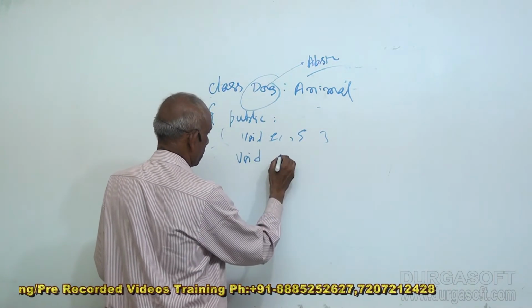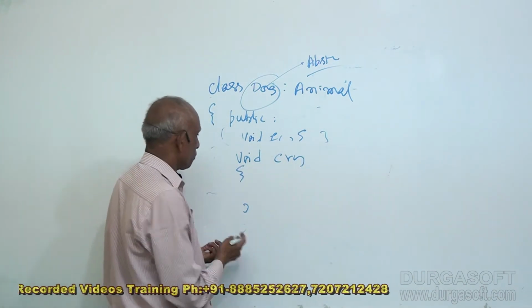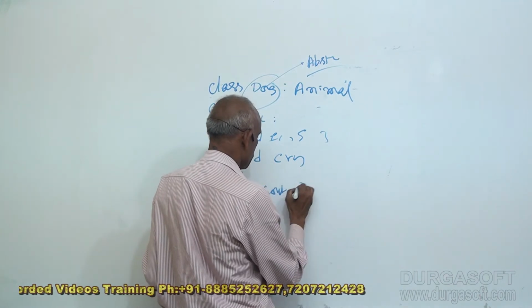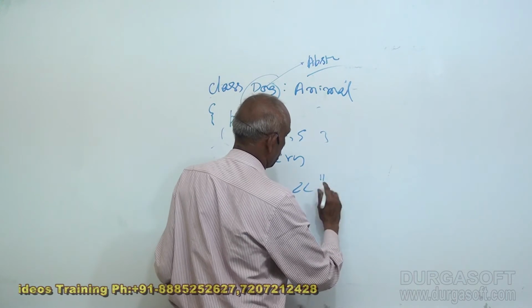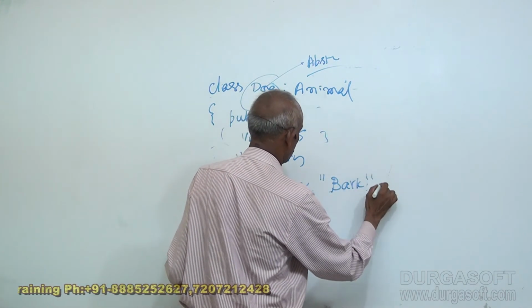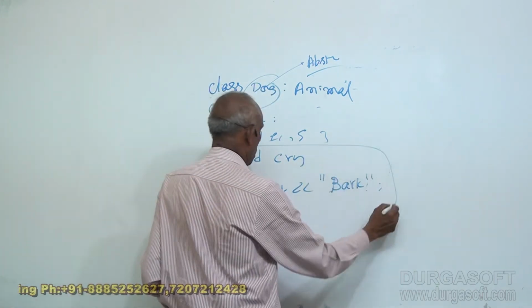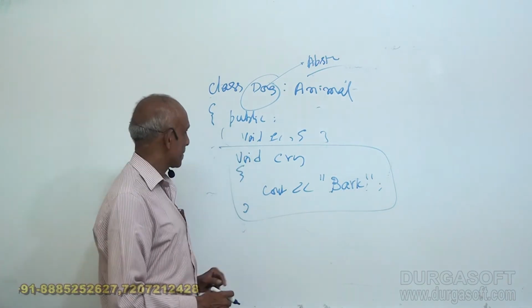So to create an object of the dog class, I must override this pure virtual function. So void cry, give some body to this, whatever you want. So I have written cout bark. So like this, the dog class has to override the pure virtual function of the animal class, that is the parent class.